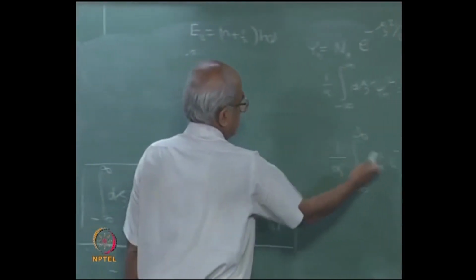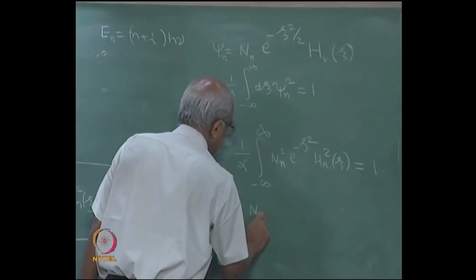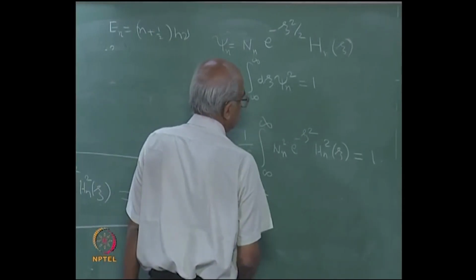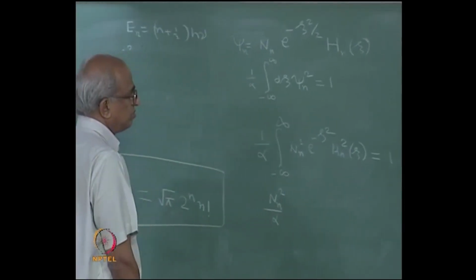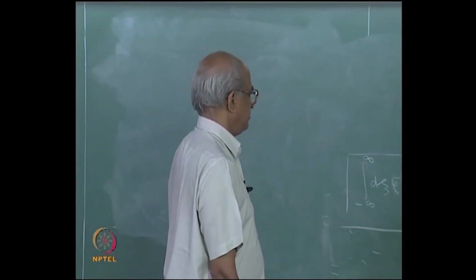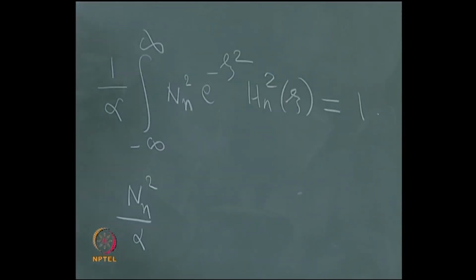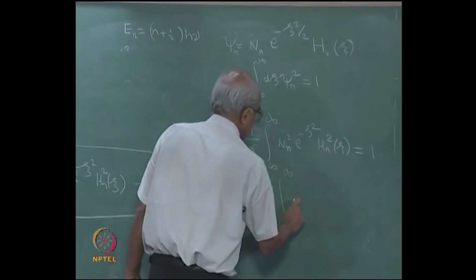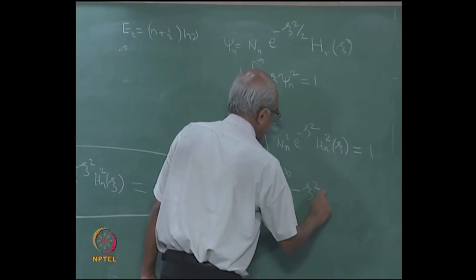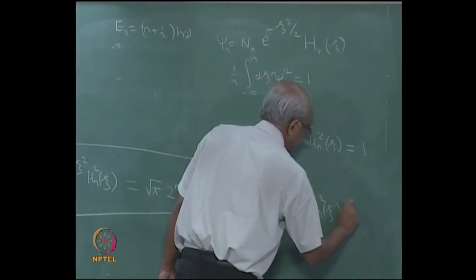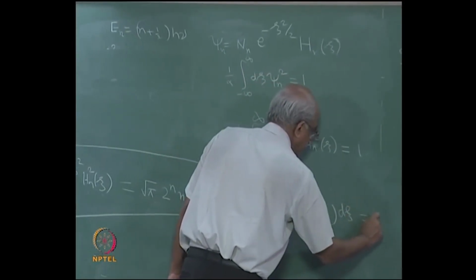And so, I can take this N square out, N square by alpha integral minus infinity to plus infinity e to the power of minus c square Hn c square dx is equal to 1.